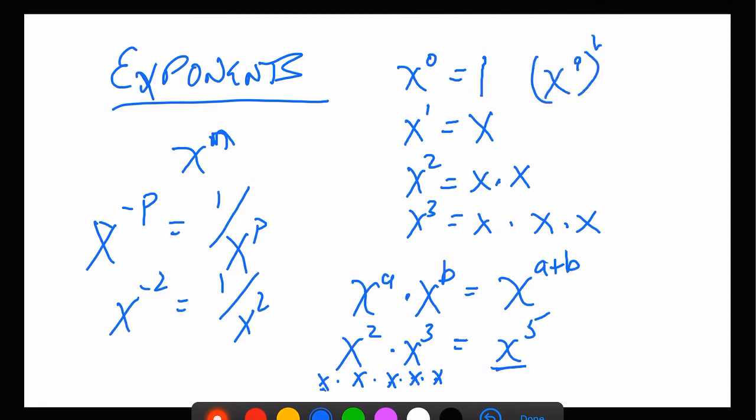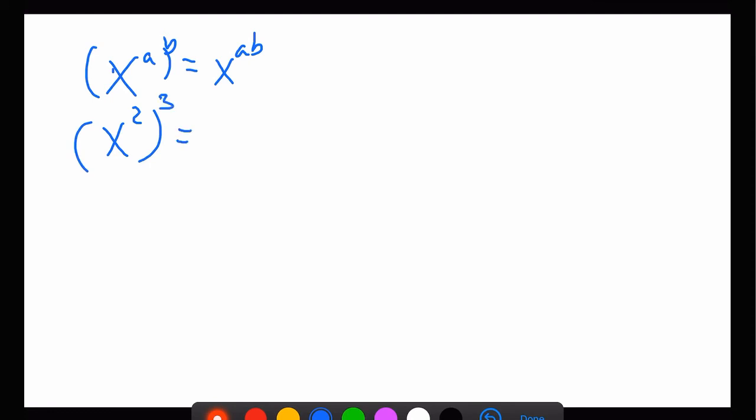(x^a)^b, on the other hand, is x^(a times b). All right? You're so excited. (x^a)^b equals x^(ab). So x squared cubed is x to the 6th. x squared is x times x, right? Three of those.